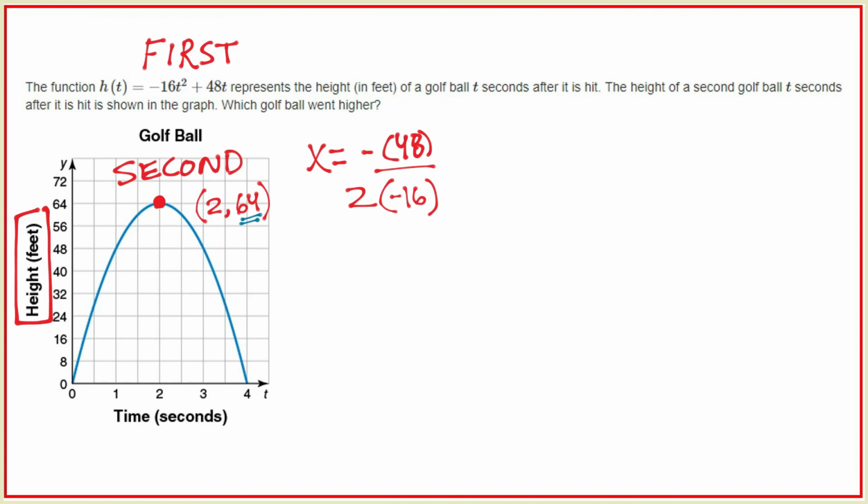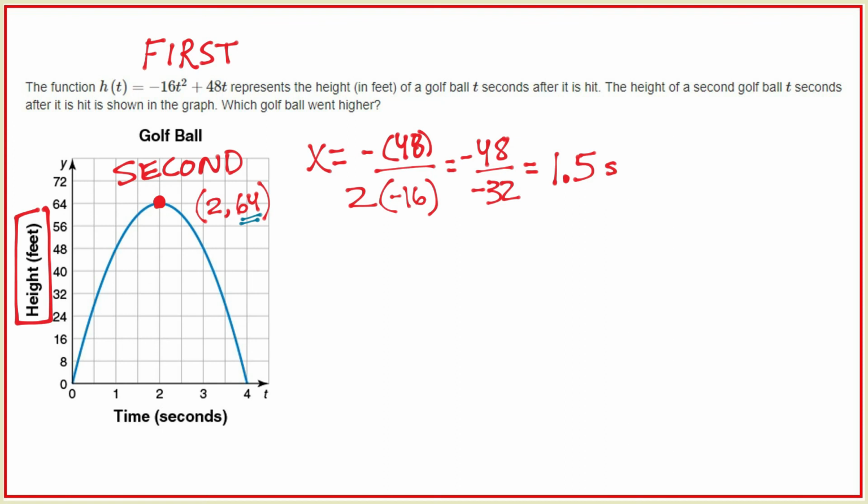So we're going to have negative 48 over negative 32. And when I divide that, it comes out to positive 1.5. So that's the x value. So that'd be 1.5 seconds. So the second golf ball reaches its maximum height after 2 seconds. This first golf ball reaches its maximum height after only 1.5 seconds.